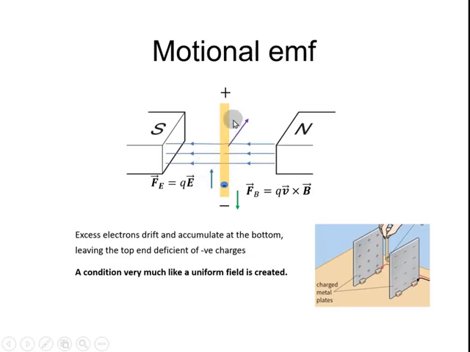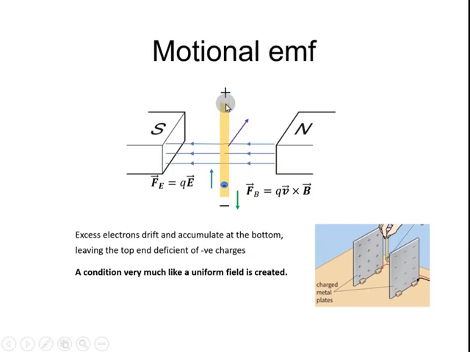What it means is that once there has been separation of charges, a uniform electric field is set up within the conductor. It will look much like this one. Positive charges are separated on one plate, and the negative charges are on another plate. Then they will create a uniform electric field within the gap.